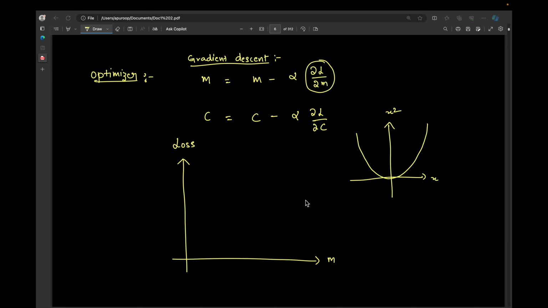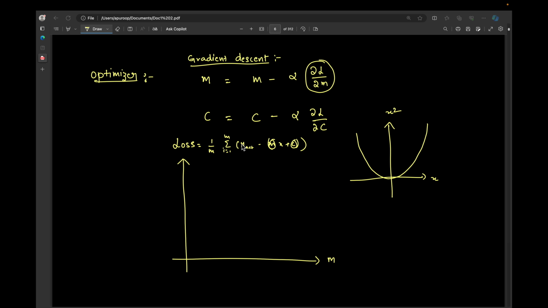So what is our loss function? Our loss function is 1 by m, summation from 1 to n, of y actual minus y predicted, whole square. This is our loss function, right? And what is our y predicted? Our y predicted is given by our hypothesis, right? And what is our hypothesis? That is mx plus c. So this loss function itself is a function of m and c.